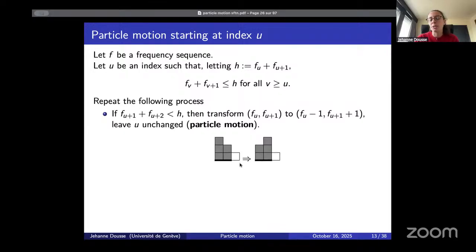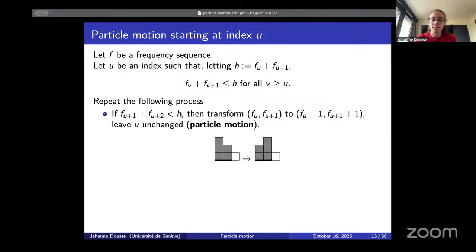We can apply particle motion here because, well, it's a very small example, but the next two frequencies are 2 and 1, which are at most 5, so it's no problem. So what we do is we check the next two frequencies and compute their sum. Here we just saw the sum was 3. And we see whether it's smaller than h or equal to h.